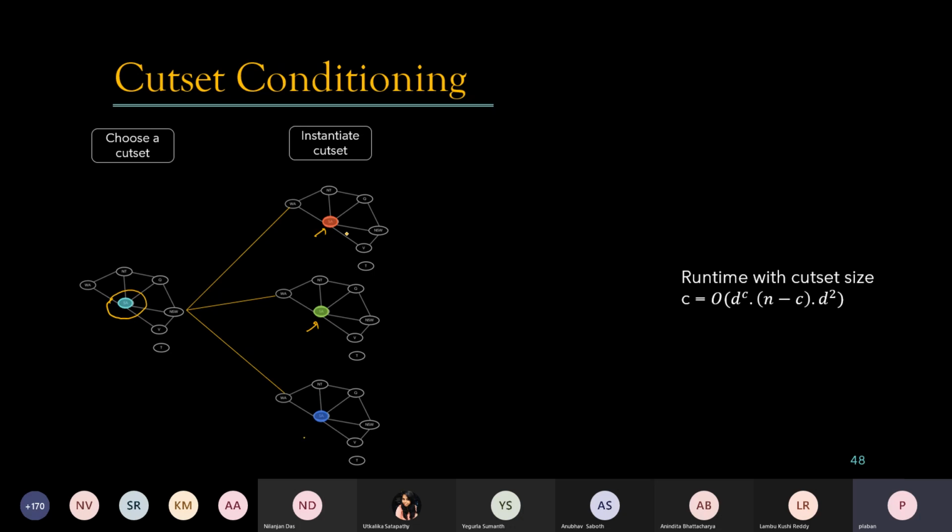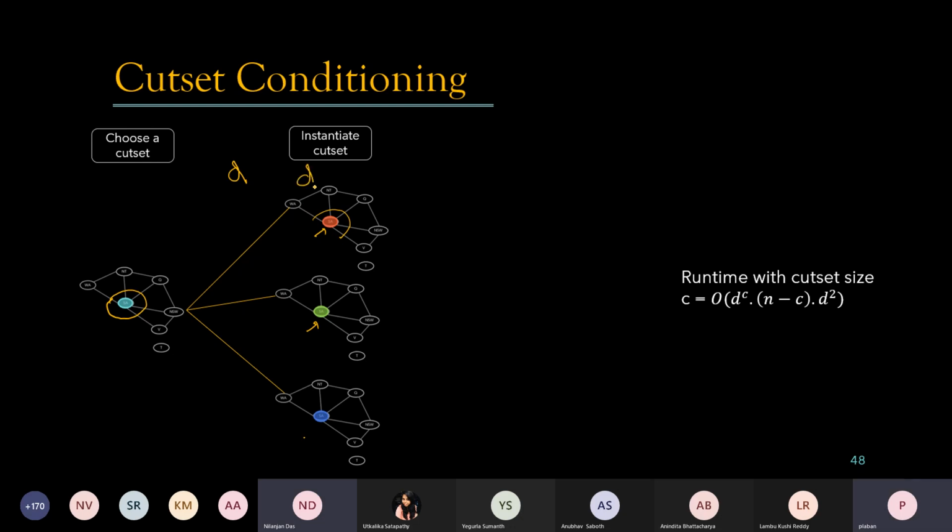These three values we can assign, but we do not know for which instantiation we'll have the solution. That's why we are taking care of all the contingencies. So if we think about the domain to be D, how many possibilities will there be if we choose a single variable? D possibilities.